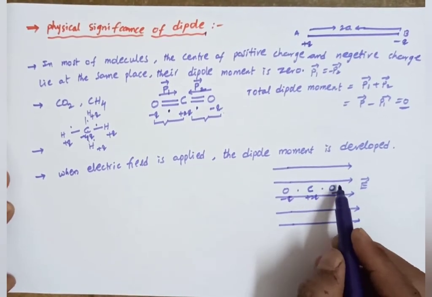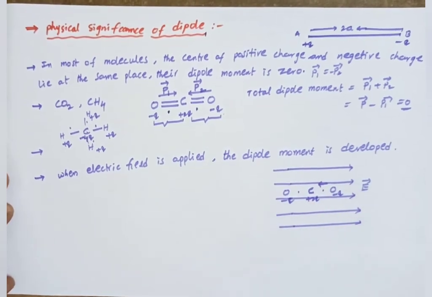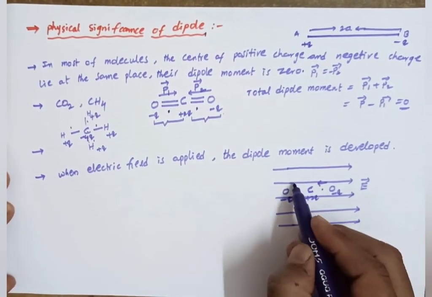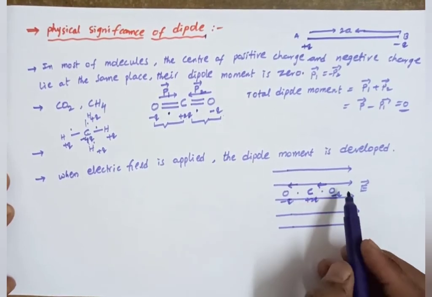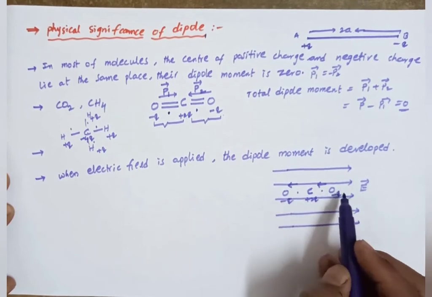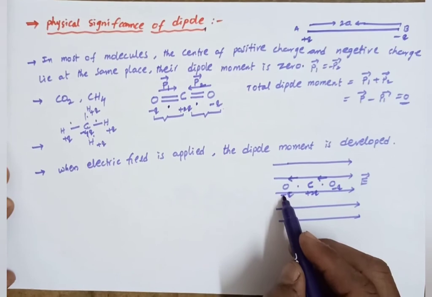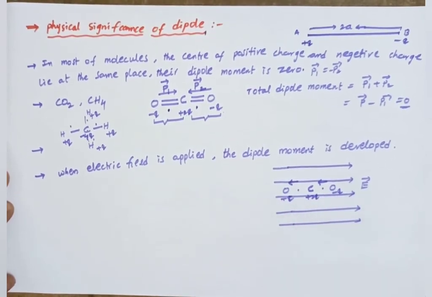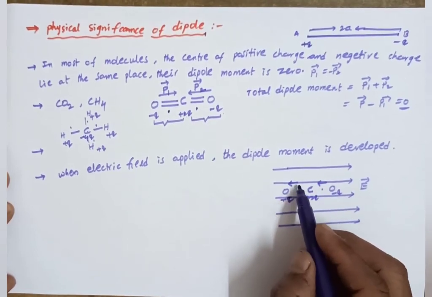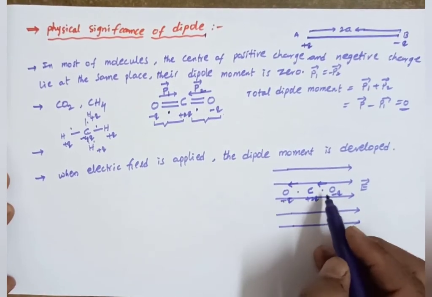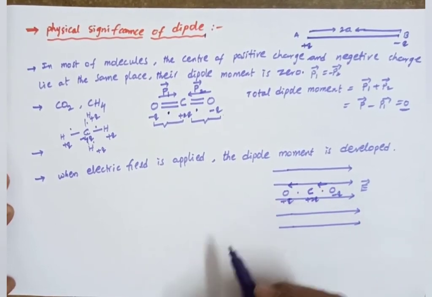So the direction of the dipole is in this direction, from positive to negative and negative to positive. It is negative and it is positive. Oxygen moves like here and here, and this oxygen moves like here.